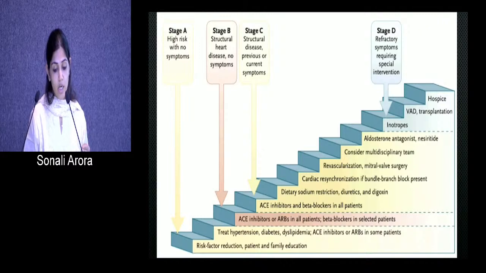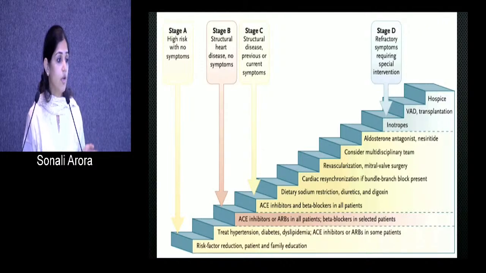Once they have structural heart disease and symptoms, then you aggressively up-titrate your guideline-directed medical therapy, including ARNIs, ACE inhibitors, beta blockers, SGLT2 inhibitors. Cardiac resynchronization therapy if relevant, revascularization if relevant. Consider multidisciplinary team discussion, aldosterone antagonist, and if and only if you are not able to do any other things, you think about advanced heart failure therapies.